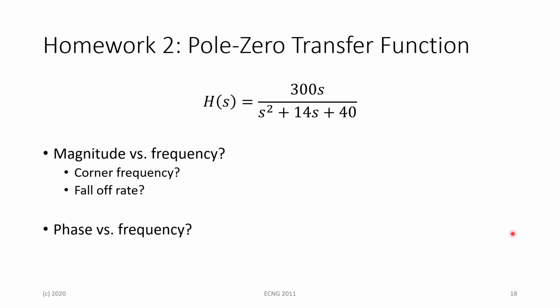Alright, so for your homework, there's been a slight modification to the initial system function that we had here. I'd like for you guys to actually attempt this in particular to obtain the magnitude versus frequency graph and the phase versus frequency graph. One thing to note though is that instead of starting at the 0 decibel line, remember now that because we have this constant value here, the start point is going to be different for that magnitude plot.